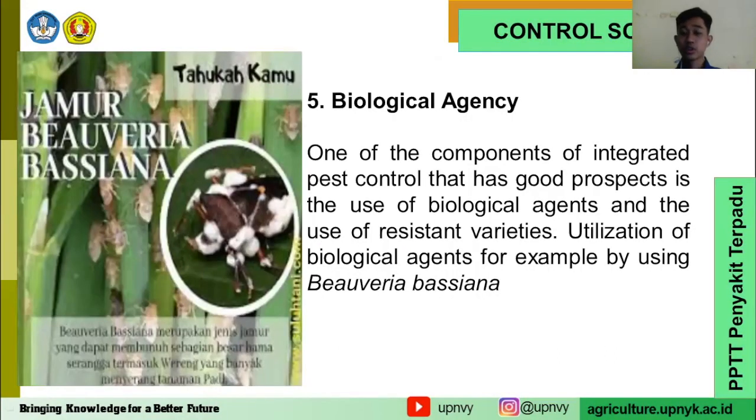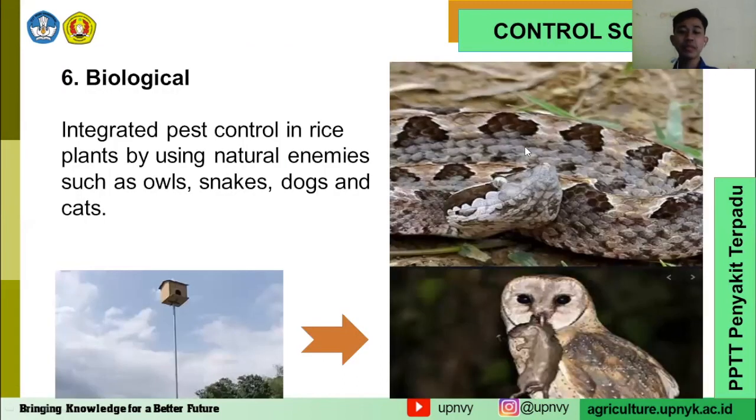Okay, the control solution number five is biological agents. One of the components of the integrated pest control that has good prospect is the use of biological agents and the use of resistant varieties. Utilization of biological agents, for example, by using the fungus Beauveria bassiana. Control solution number six is biological.